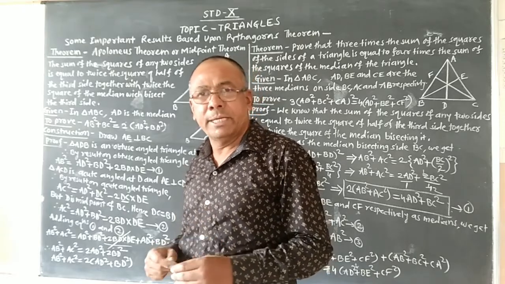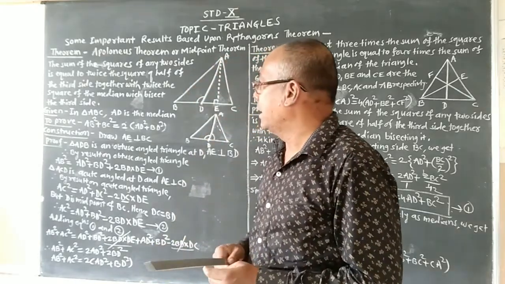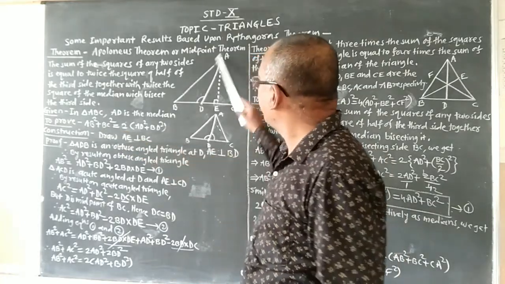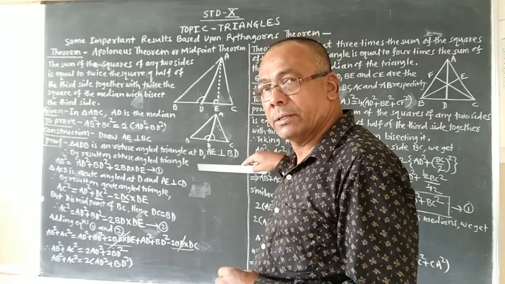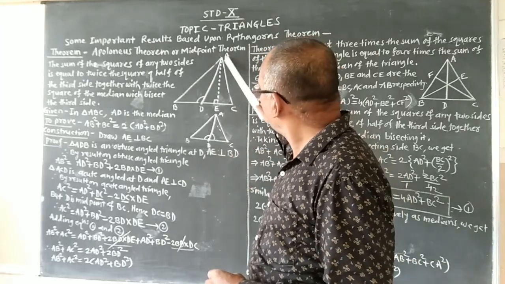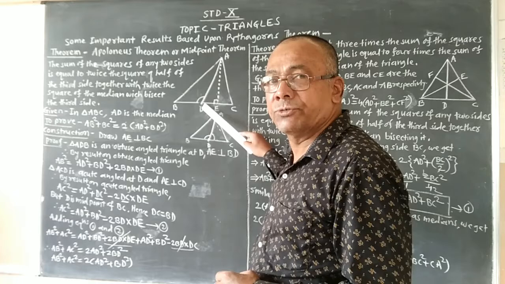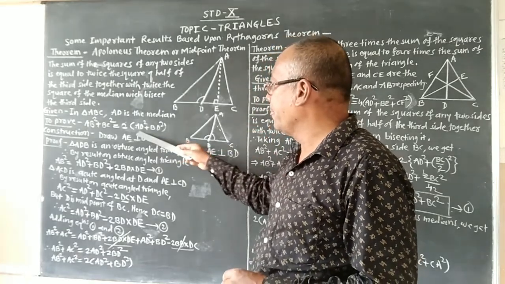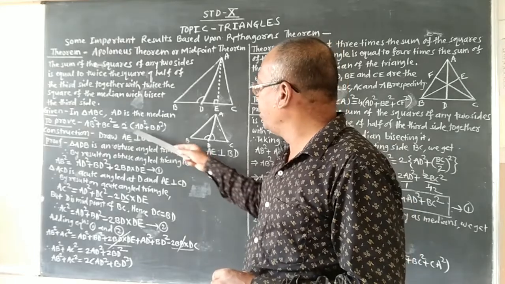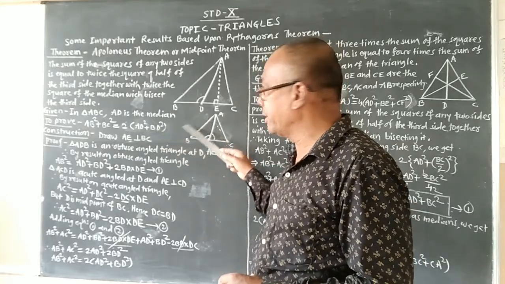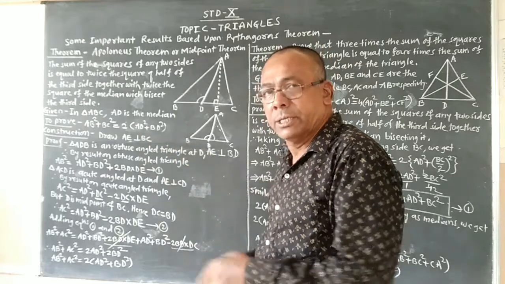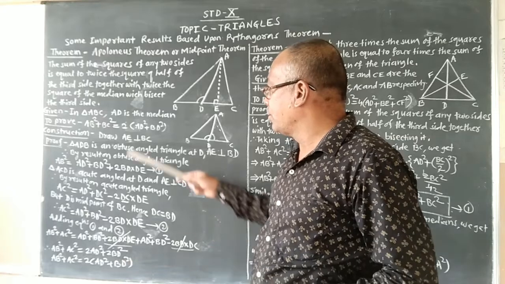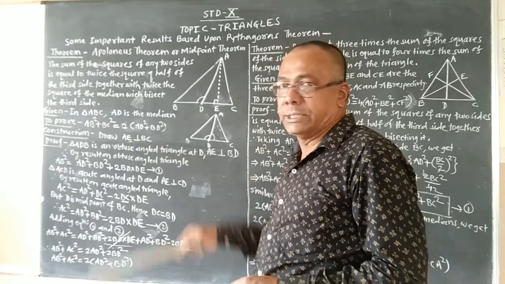And now here to prove AB square plus AC square is equal to twice of median square, means 2 into AD square plus 2 into BD square, or 2 into bracket AD square plus BD square we can write. Here construction: draw AE perpendicular to BC.